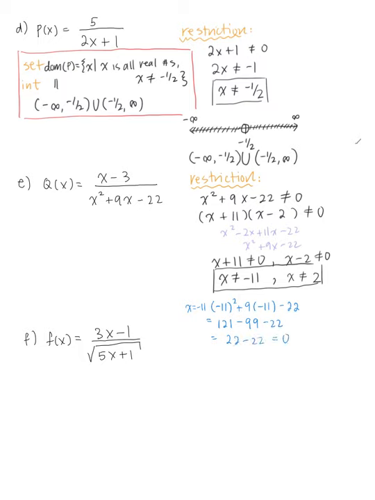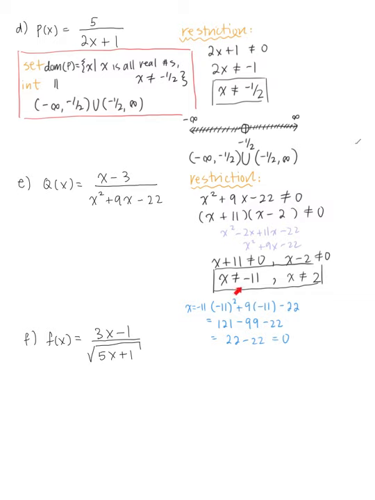So notice that what we just checked is that when x is negative 11, the denominator is going to go to 0. That's a problem. Therefore x cannot be negative 11, meaning for the domain of Q, you have to exclude negative 11.